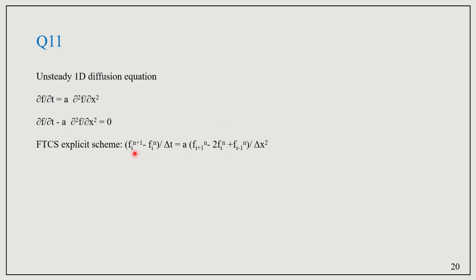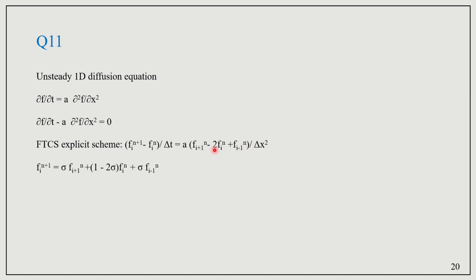Here, taking fi n plus 1 equal to a into delta t divided by delta x square, keeping the rest of the terms, and fi at n goes to the other side. So fi at n plus 1th time step equals fi at nth time step plus a into delta t by delta x square into f at i plus 1 at nth time step minus 2 times fi at nth time step plus fi minus 1 at nth time step.